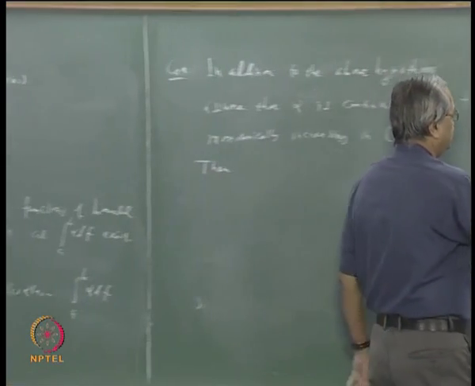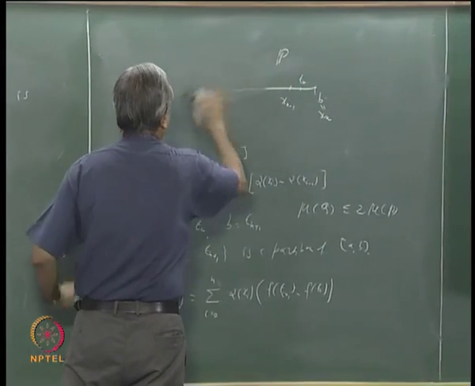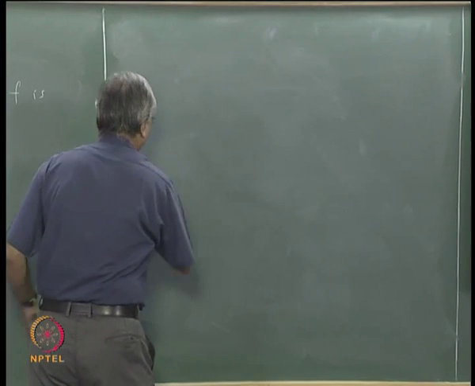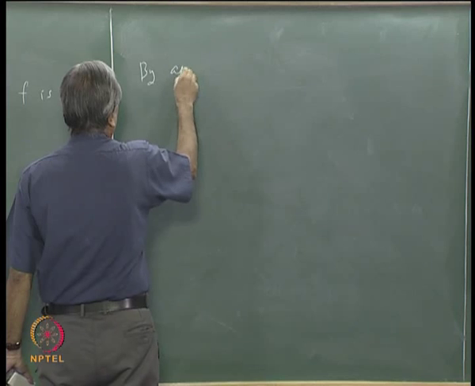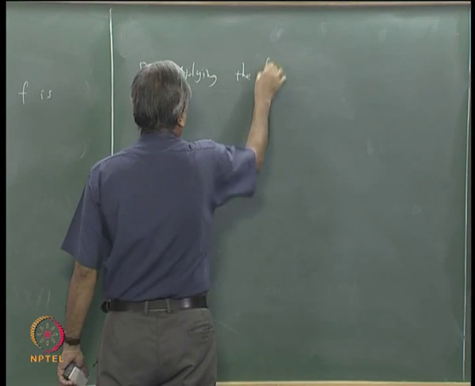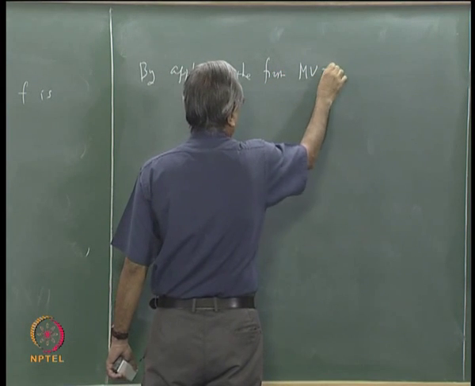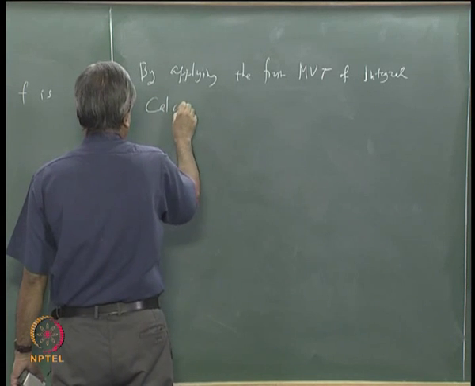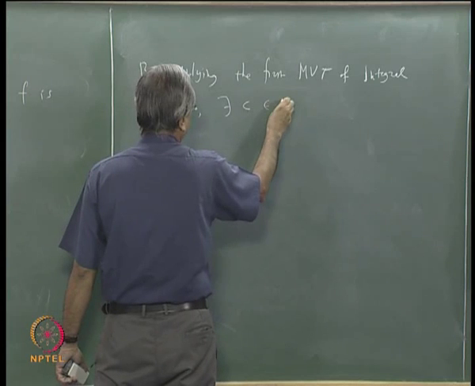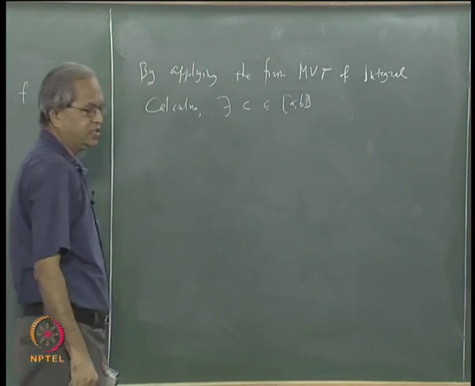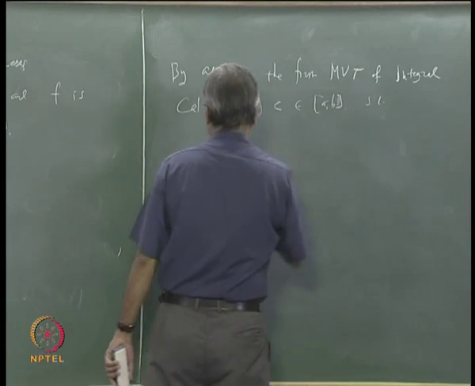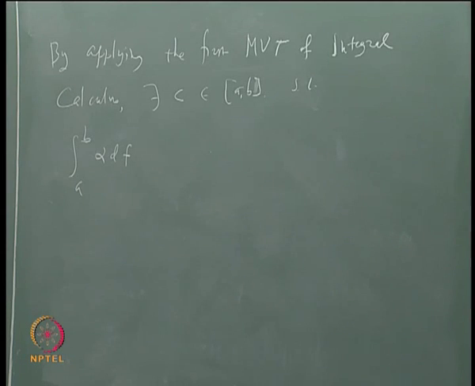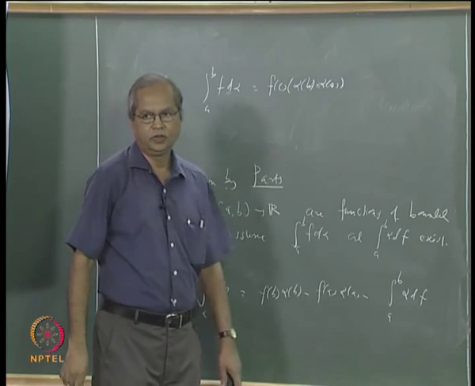So let us say, by applying the first mean value theorem of integral calculus, there exists some point C in [a, b] such that the integral from a to b of alpha df, just imitate this, now the roles of alpha and f are interchanged, so this should be alpha at C multiplied by f(b) minus f(a).